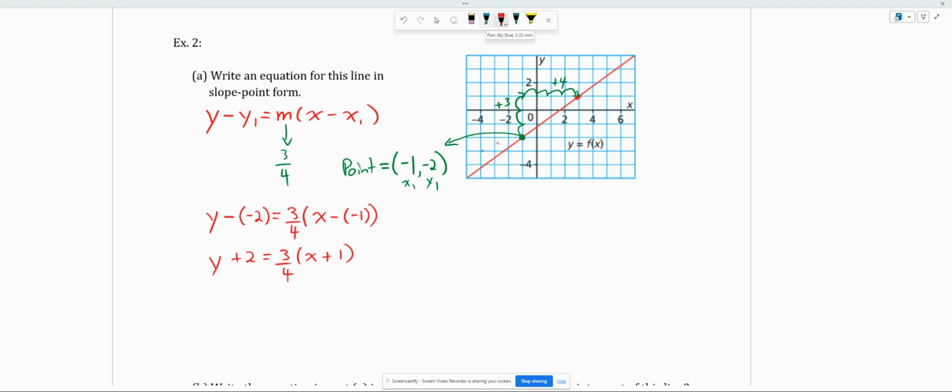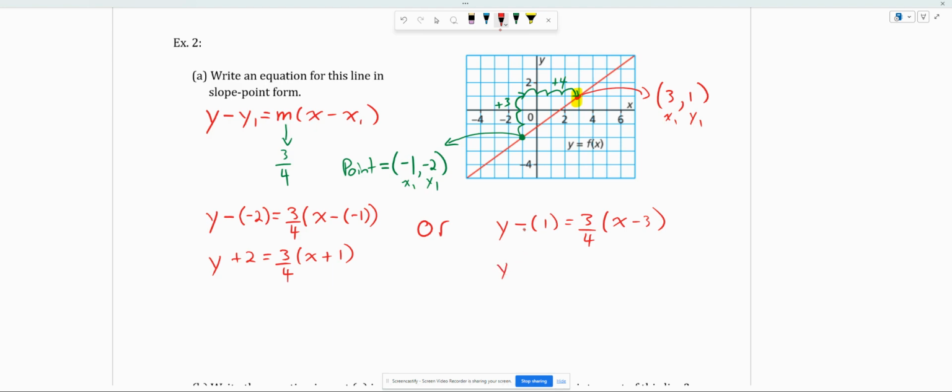Now, if I use this point over here, let's just highlight it, at positive 3, 1, it's actually a completely valid solution. We could use this point as my x1 and my y1, and we'll just plug it right into the same formula. y subtract 1 is equal to, same slope, 3 over 4 times x subtract 3.